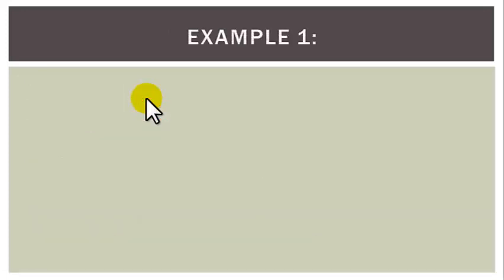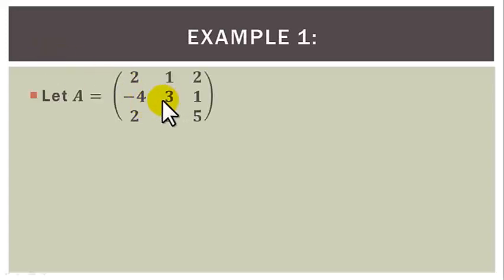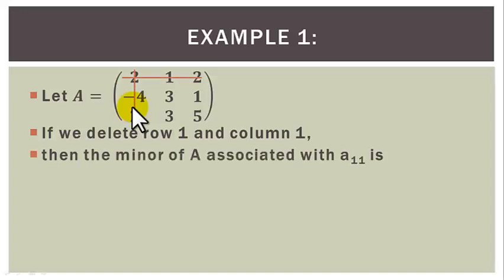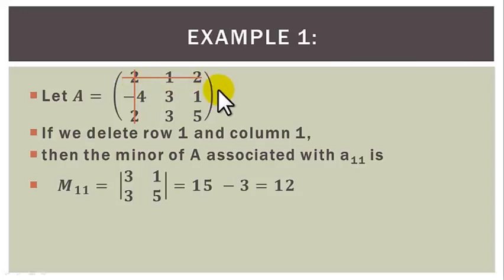Example 1. Let us consider this 3 by 3 square matrix A. If we delete row 1 and column 1, then the minor of A associated with A11, which in this case is 2, is M11, which is equal to the determinant of this submatrix 3, 1, 3, 5.